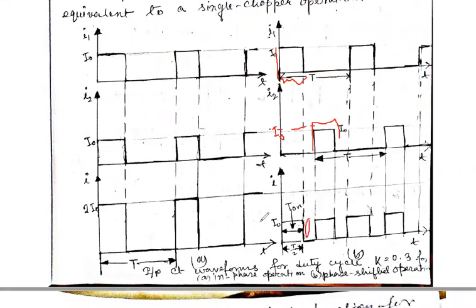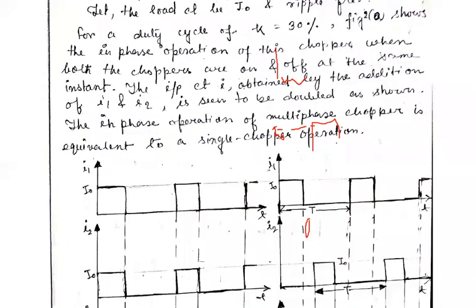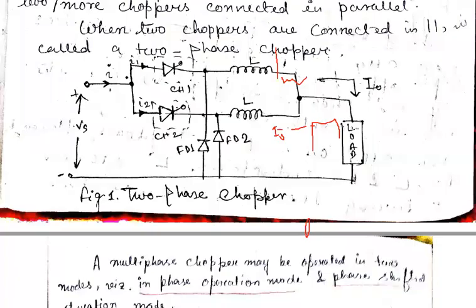In the two-phase chopper configuration, there is an inductance L in series with each chopper. We assume that these two inductances are sufficiently large that the chopper operates independently of the other.